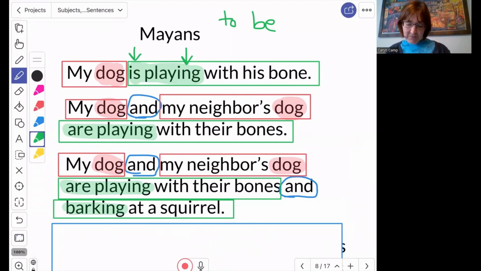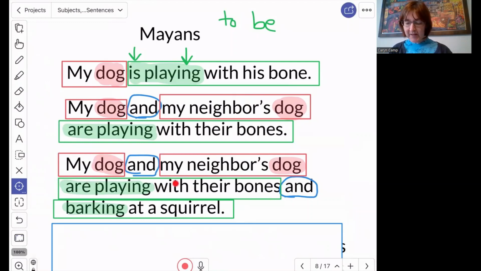Okay, so is this sentence simple or compound? It looks complicated. It is complicated, but it's a simple sentence because both of these subjects are doing both of these things.